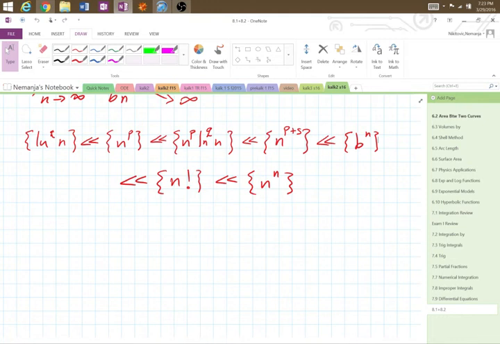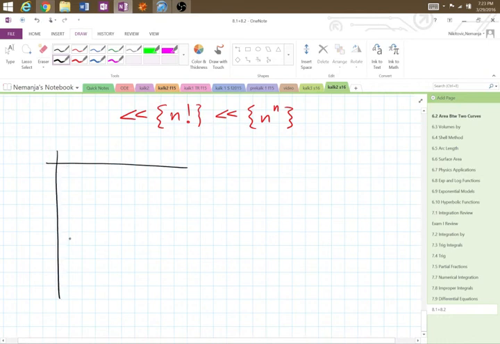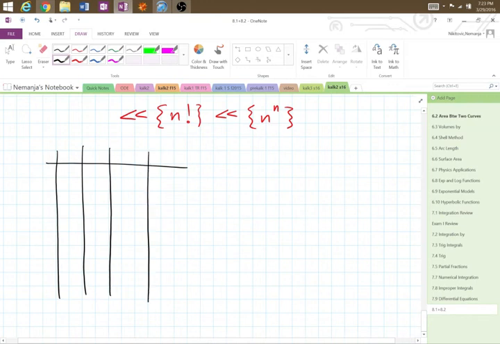So what do we have here? I want to draw this chart, so we can quickly see how these growth rates work, looking at numbers. So let's have n, and then 2n, and then n squared, and then 2 to the n, and then n factorial, and then n to the n.